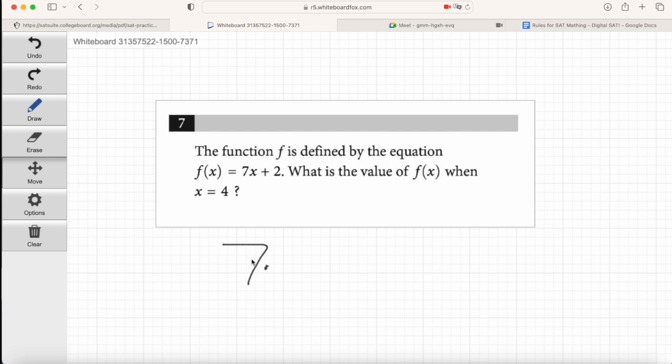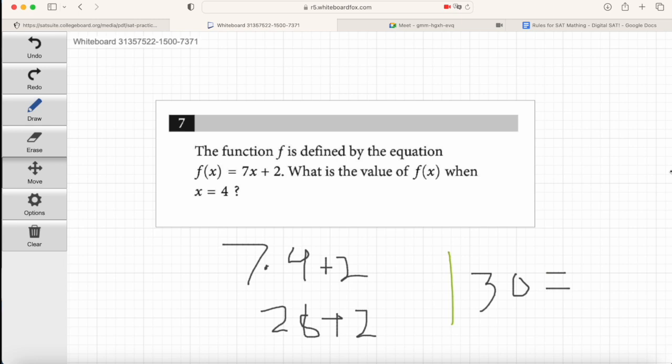Yeah, 4. You're just plugging in a 4 for x. That's all you're doing. Use that calculator. Don't hesitate, man. You've got the calculator all the way through the test. 7 times 4 is 28, plus 2 is 30. Yeah. Bam. And that is going to equal f of x. Yes.